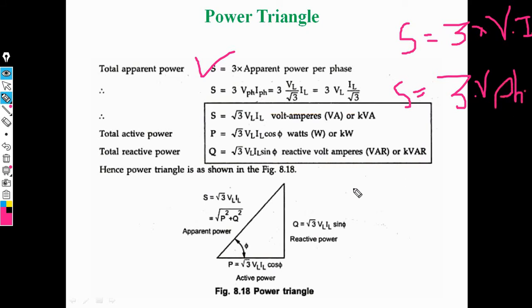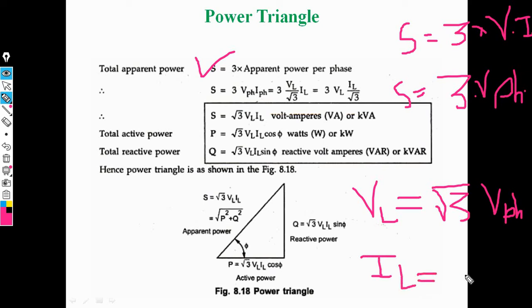The formula for VL is root 3 into VPH, and the formula for IL is root 3 IPH. We need VPH and IPH.